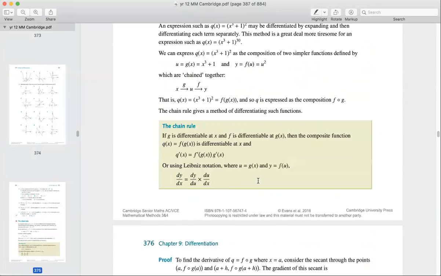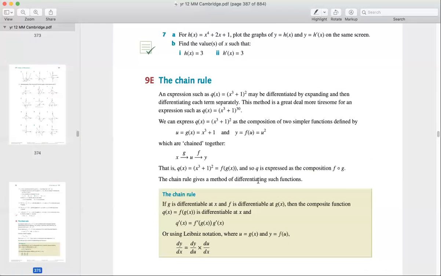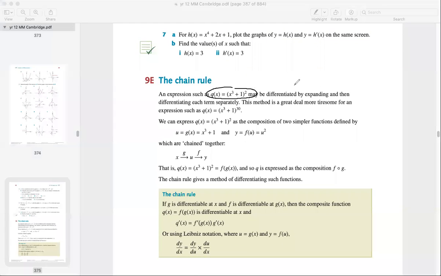And the next really important rule, or really important derivative, is called the chain rule. Okay, the chain rule is essentially for us to find a derivative for composite functions. So in such a case, let's say we want to find q(x) equals (x cubed plus 1) all squared.